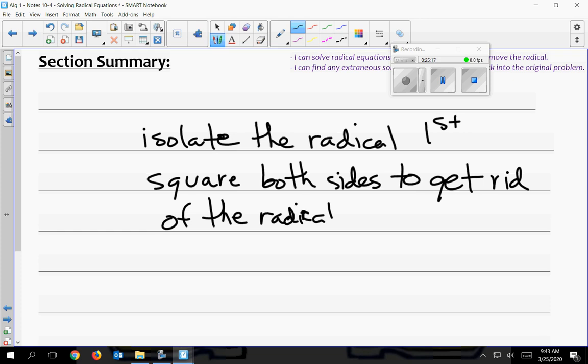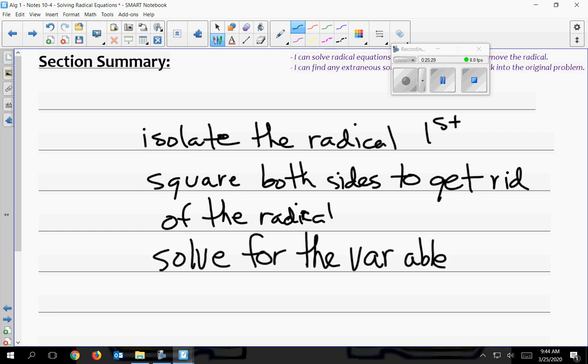We want to solve for the variable, and then we need to check our answers. You have to check your answers. That's the only way to know if it works or not. Just because I get solutions doesn't mean they're going to work in this point, okay?